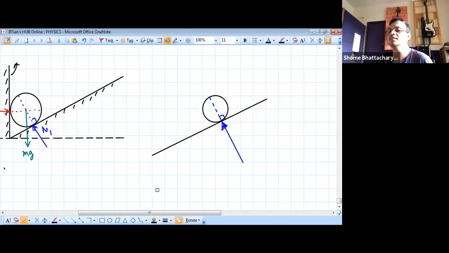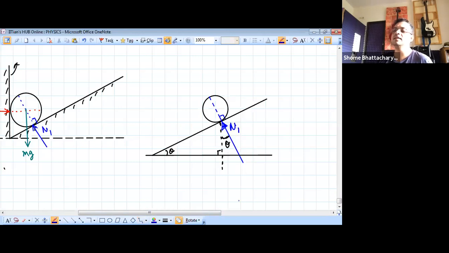Last time also I told you a rule of thumb. If the inclined surface is making an angle theta with the horizontal, from here you drop a perpendicular downwards like this. So this angle will be theta. So this normal reaction is acting at an angle which is theta to the vertical. Understand?